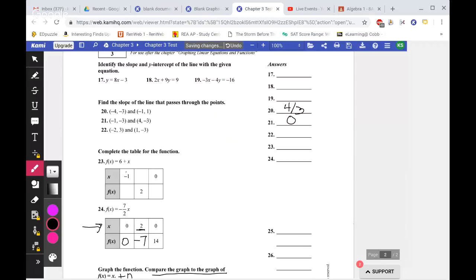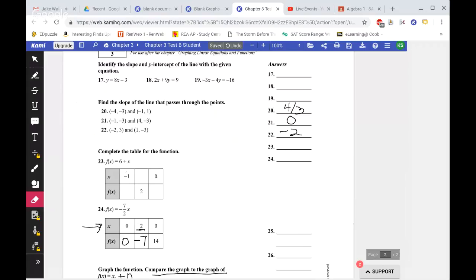Yay. Okay. I'm just going to go ahead and address number 20. Number 21 is 0. If you wrote 0 over 5, that's fine, but it's 0. If you put horizontal line, would that be okay? Yeah, that'd be great. I'd love to know that you knew that.